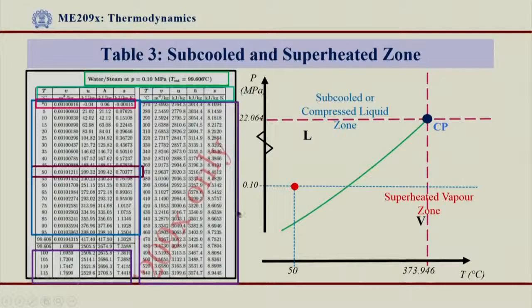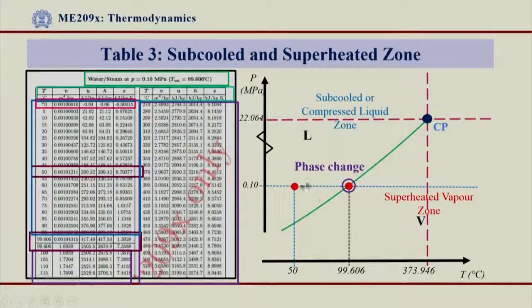If I go on increasing the temperature now, I will ultimately hit the phase change region, the LV line, where I would encounter phase change. At 99.606, I get the values over here, and these are the values of saturated fluid.